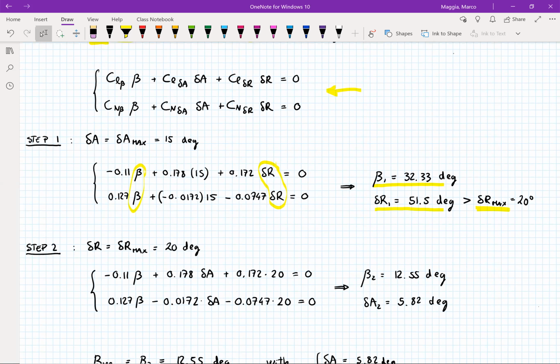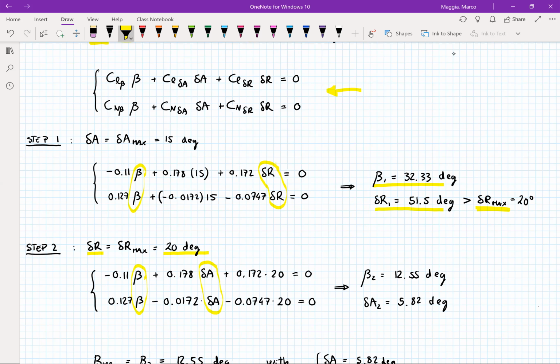So let's see instead, with step two, we take the rudder deflection and we equate it to its maximum value of 20 degrees. We substitute into the two trim equations. Now our unknowns are once again the side slip angle beta and now the aileron deflection.